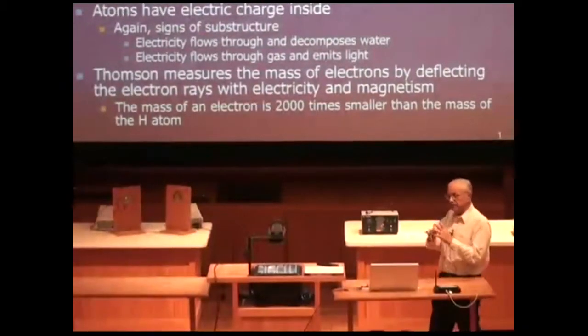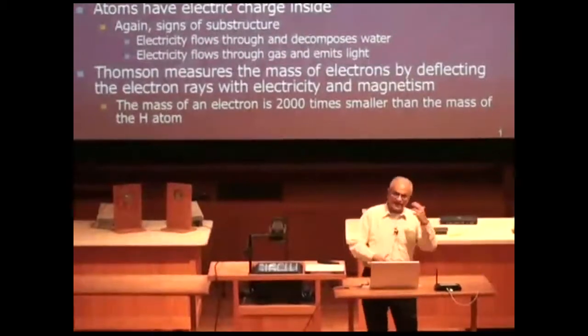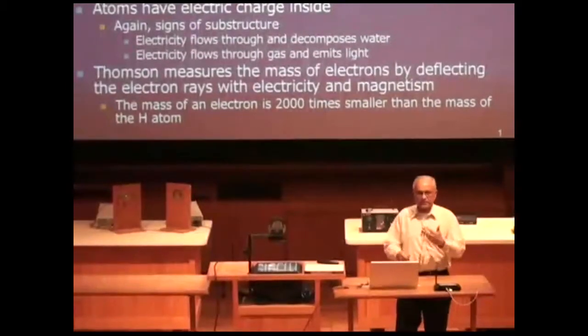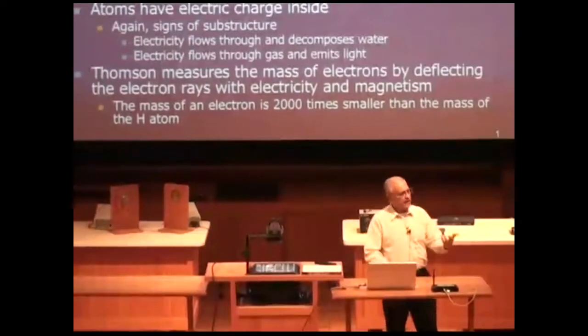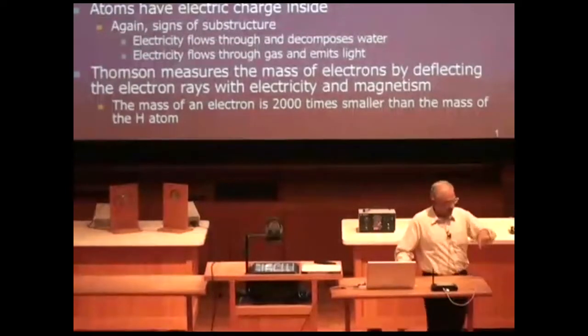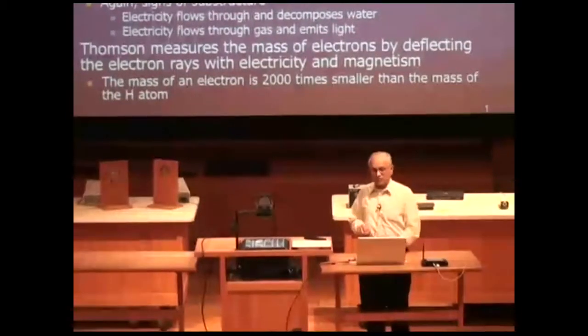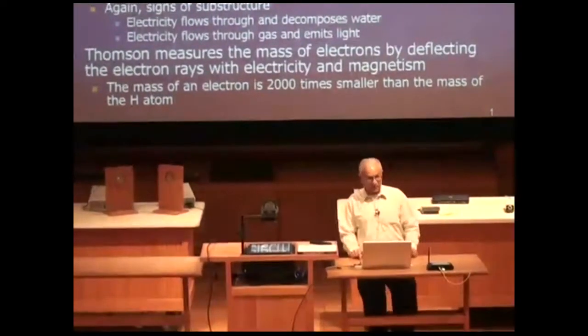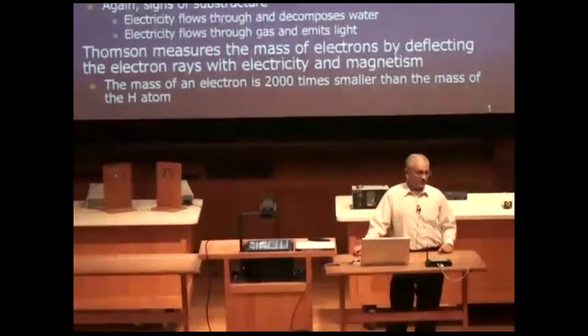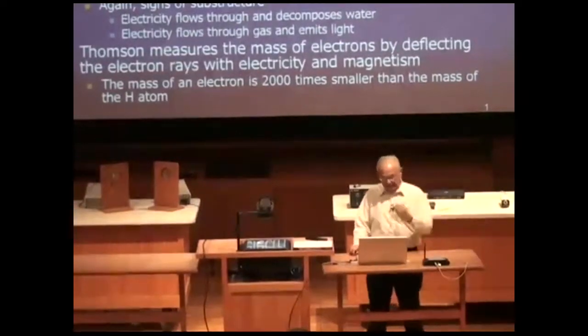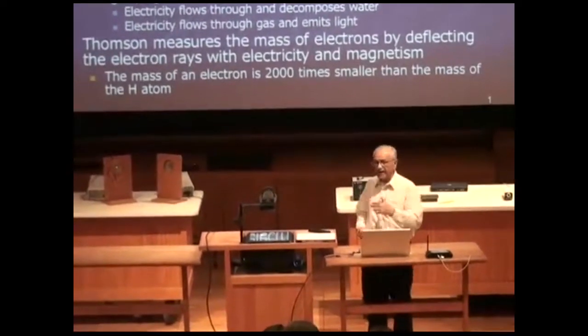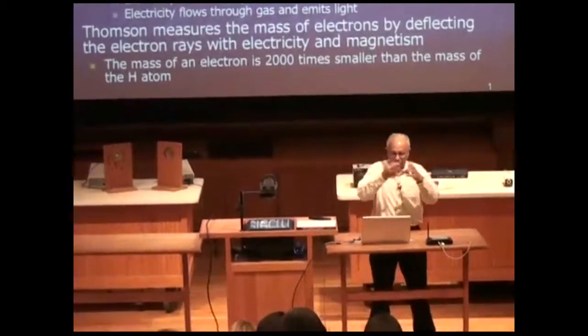But basically, if he knew the forces that electricity and magnetism exert on the electrons, he could determine from that the mass of the electron. And he found that the mass of the electron was 1 divided by 2,000 times the mass of the atom of hydrogen. So that means that the hydrogen atom had a part to it. It could be broken apart, and the first part of it was the electron.